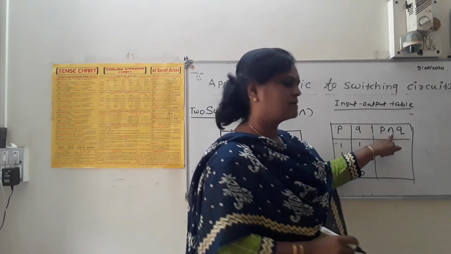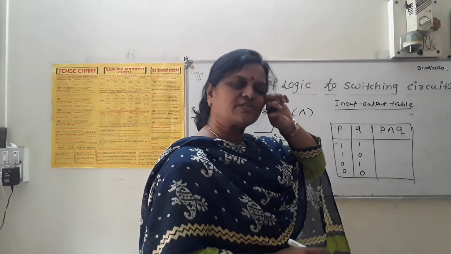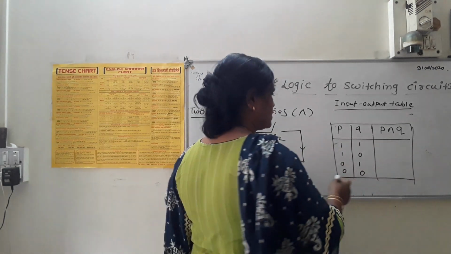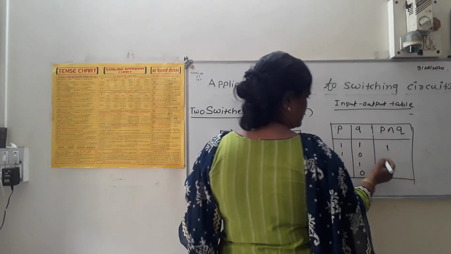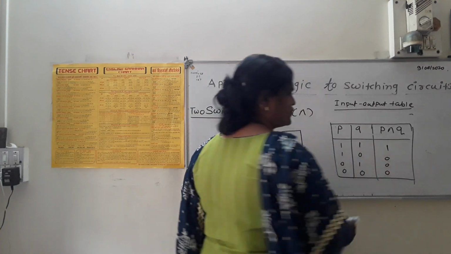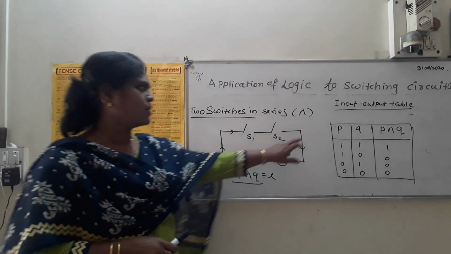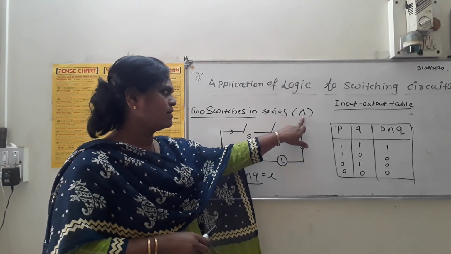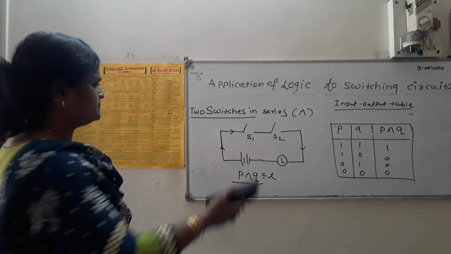This is the conjunction, that is the connective conjunction. In conjunction, T T gives T, which means 1, and remaining all are false, that is 0, 0 and 0. This is the input and output table of two switches in series, and parallel is OR. Clear?